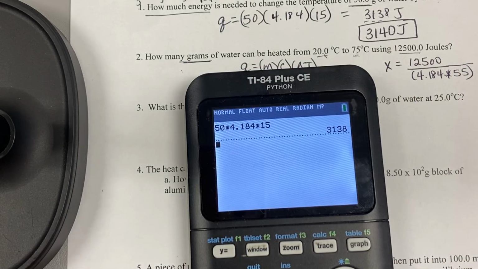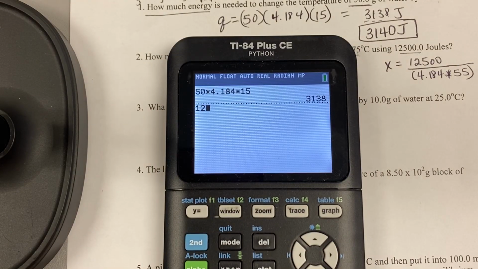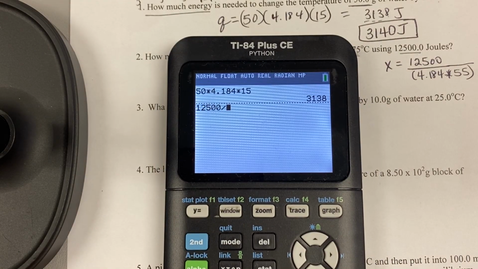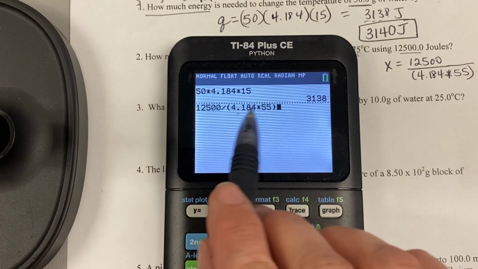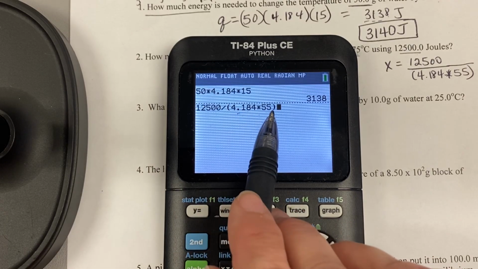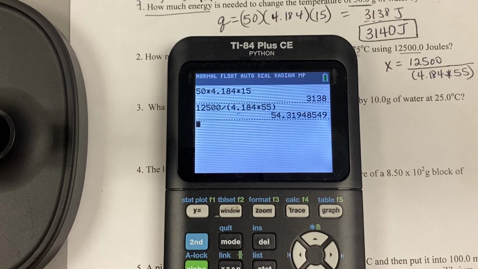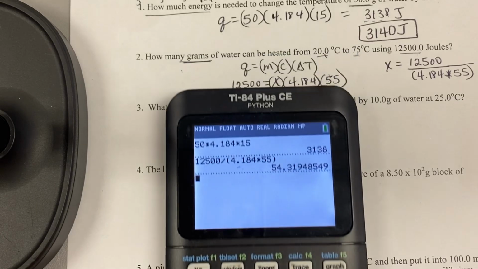So I'm going to come over here to my calculator. 12,500 divided by, parentheses, 4.184 times 55, close parentheses. That way it does that order of operations. It does this multiplication before it allows it to divide. So my answer is 54.319.